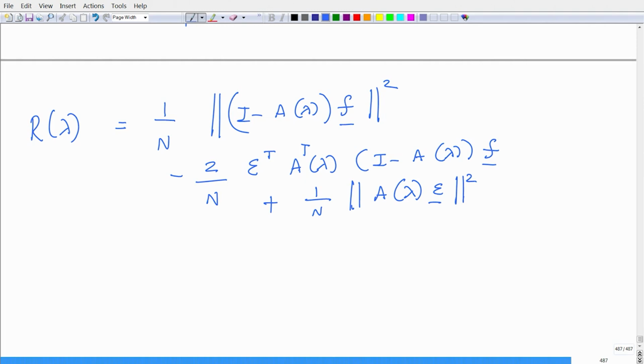Now this is what our simplification is, but we need the expectation over R of lambda.